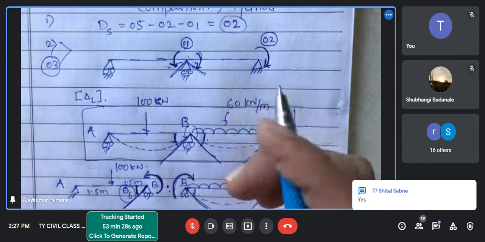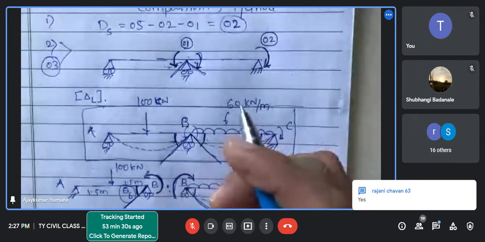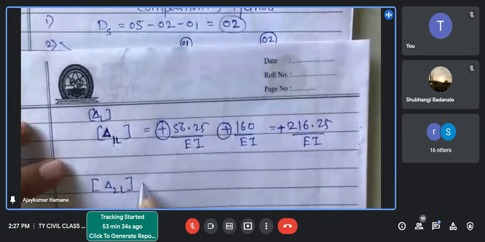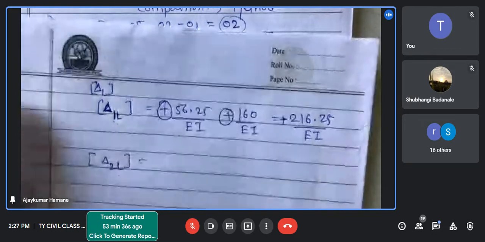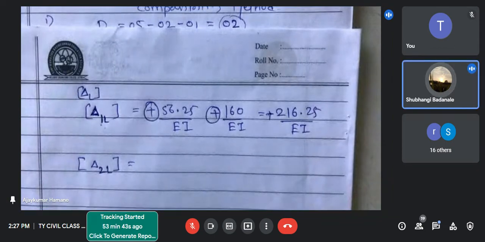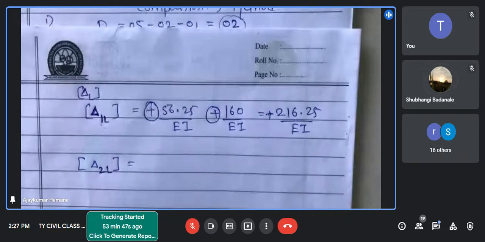Now you tell me, what does delta 2L mean? Delta 2L means displacement at coordinate 2 due to... L means what?